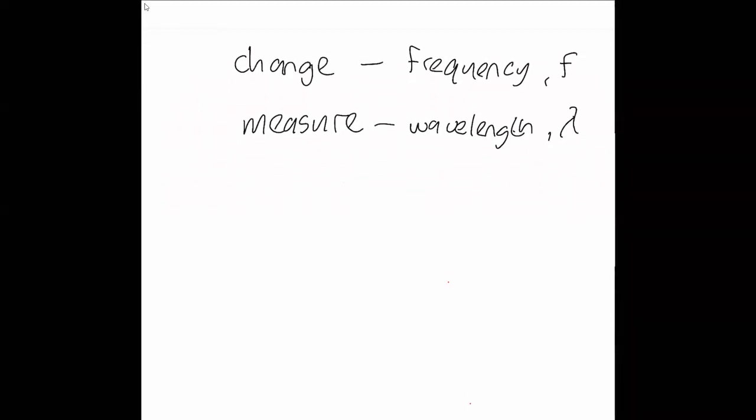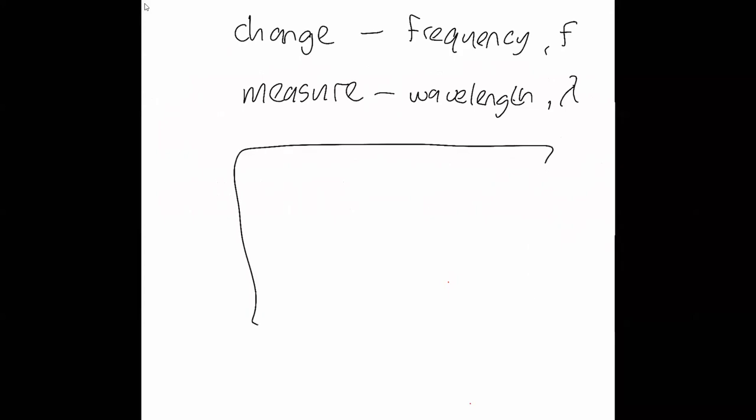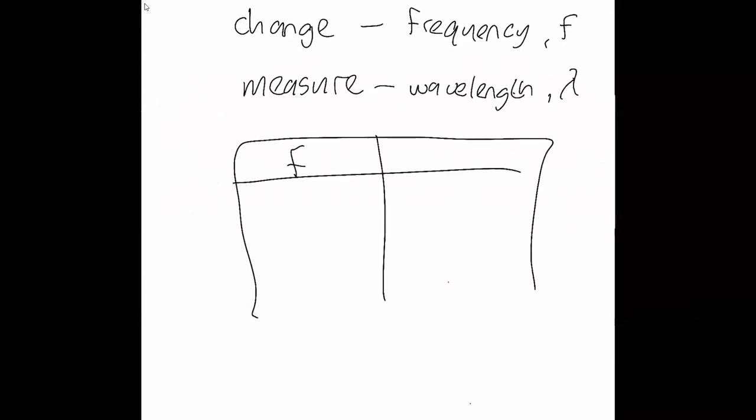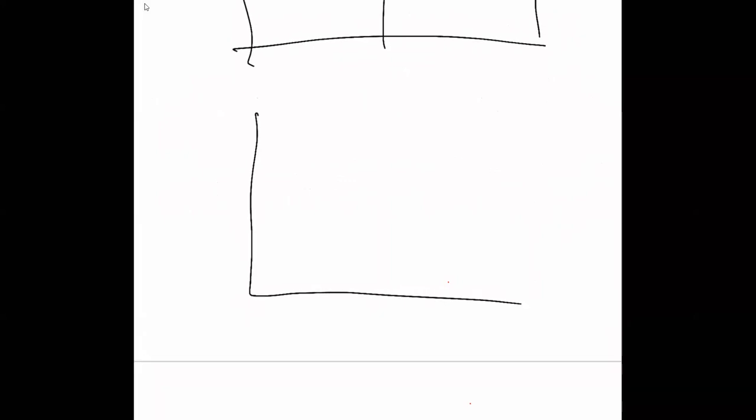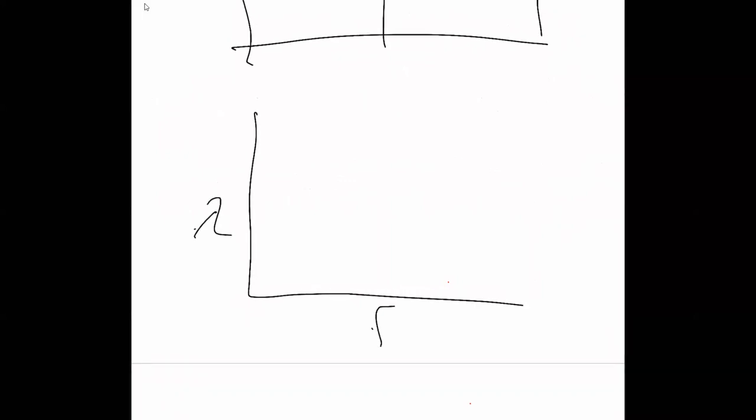Then what you could do is tabulate it in terms of frequency and wavelength. And then you can think about plotting a graph. Wait, let's just think about this quickly. We'll have wavelength over here and we'll have frequency over there.